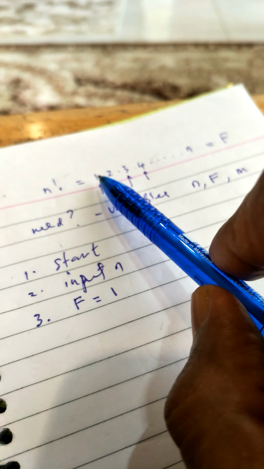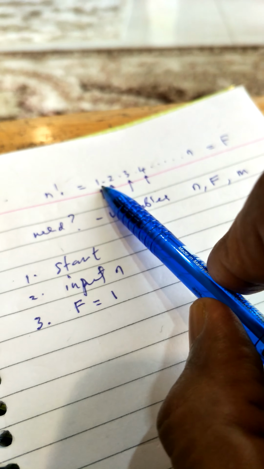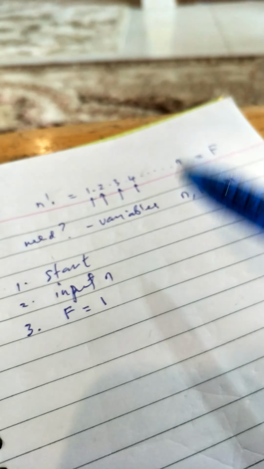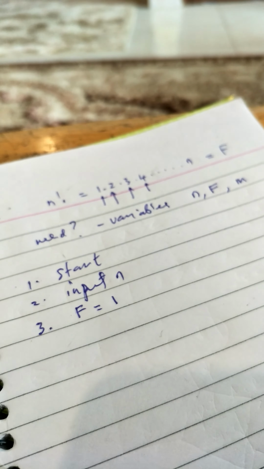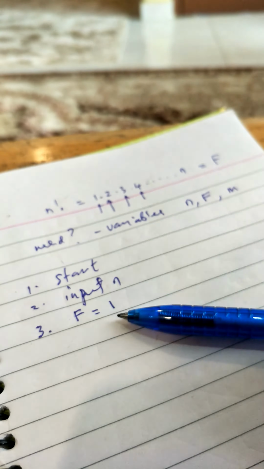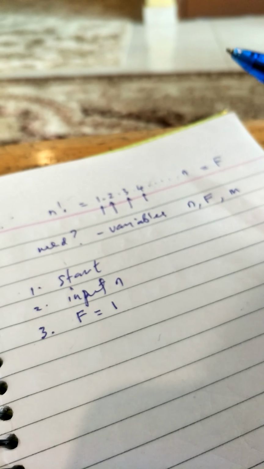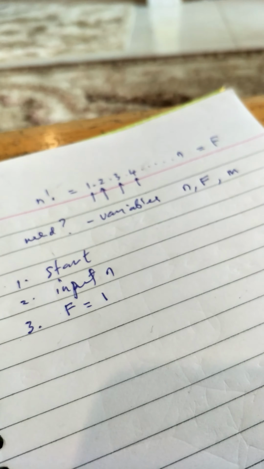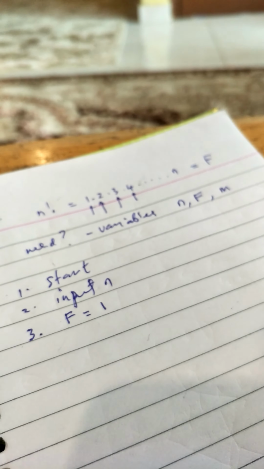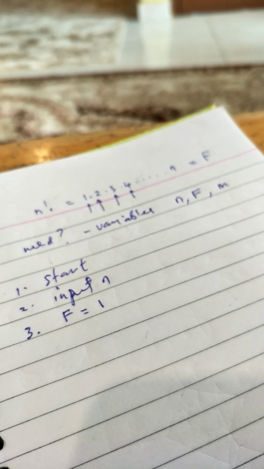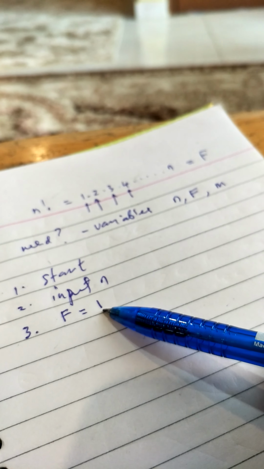Because you start multiplication with 1. If you start multiplication with 0, everything will become 0. That's not correct. If you start with 1, then 1 times 1 is 1, 1 times 2 is 2, 1 times 3 is 3, and so on. So that's why for multiplication we begin with 1. Right? That's the initial value.